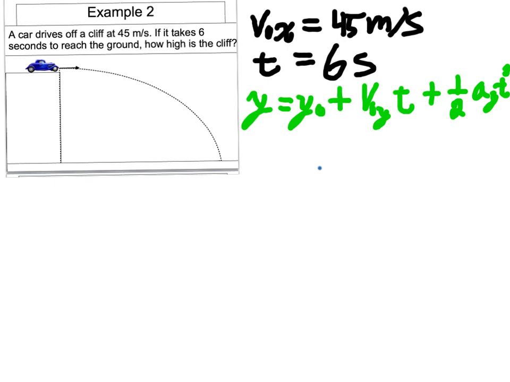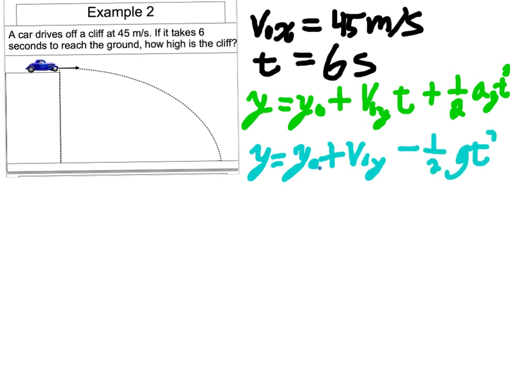And the acceleration in y is g, and it's negative, so I can rewrite this equation. y equals y0 plus v0 in y minus, because g is negative, 1/2 gt squared.